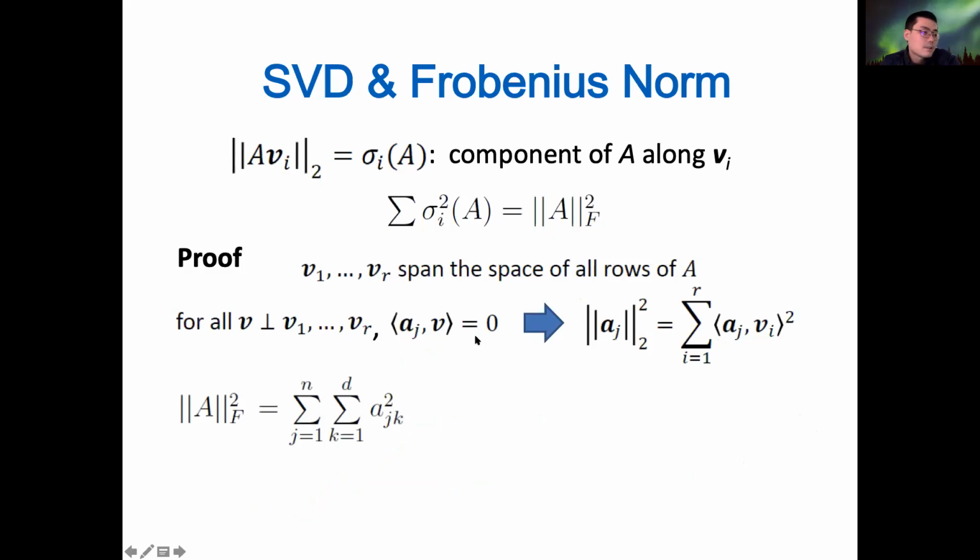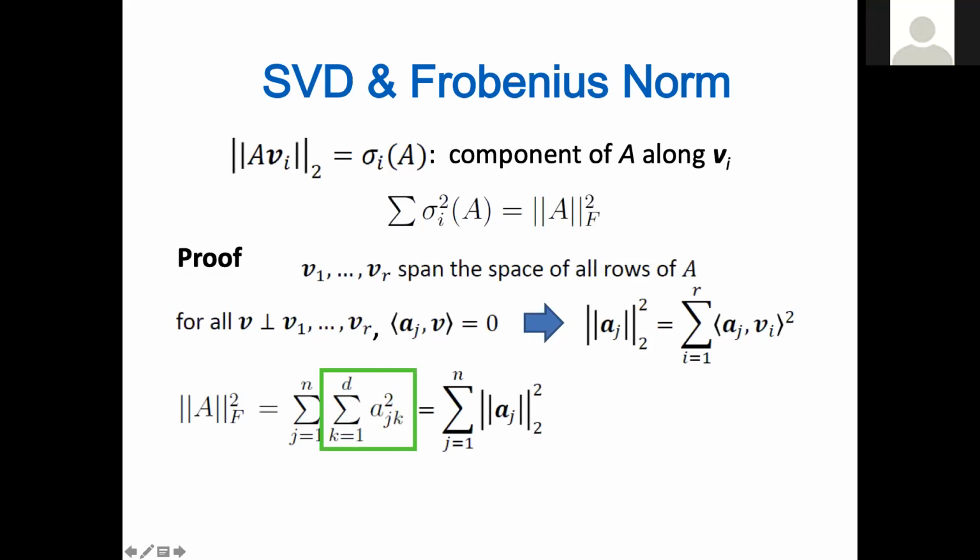Now let's look at the Frobenius norm. We want to expand the Frobenius norm so that finally it is equal to the left-hand side. The Frobenius norm, as we said, is all the elements squared, so a_ij, the jth row, ith column.